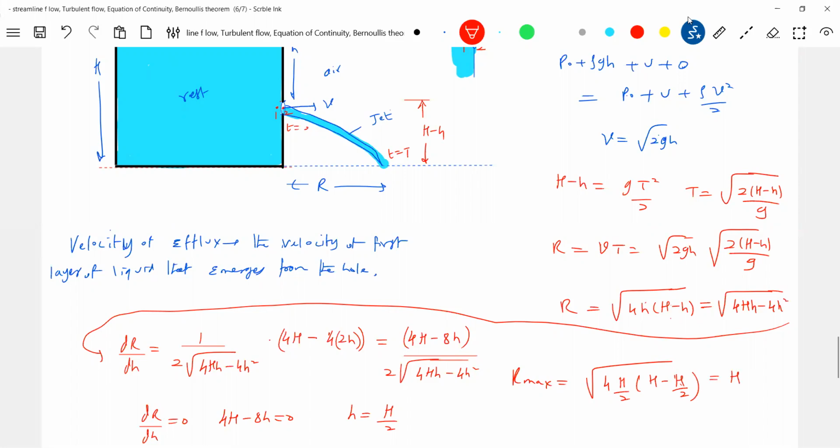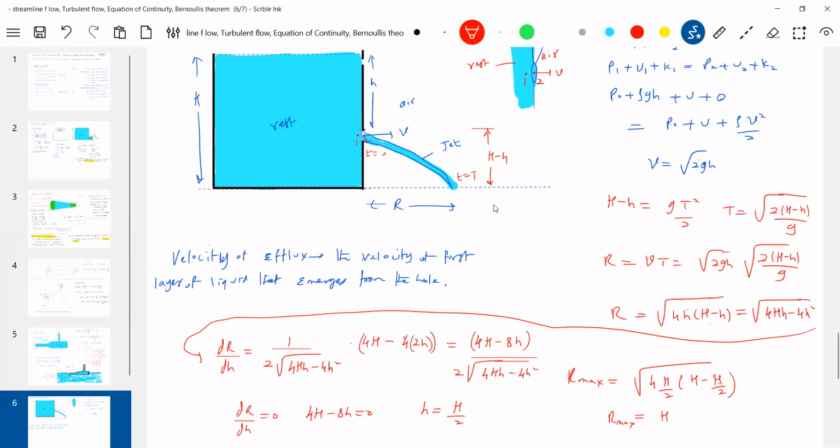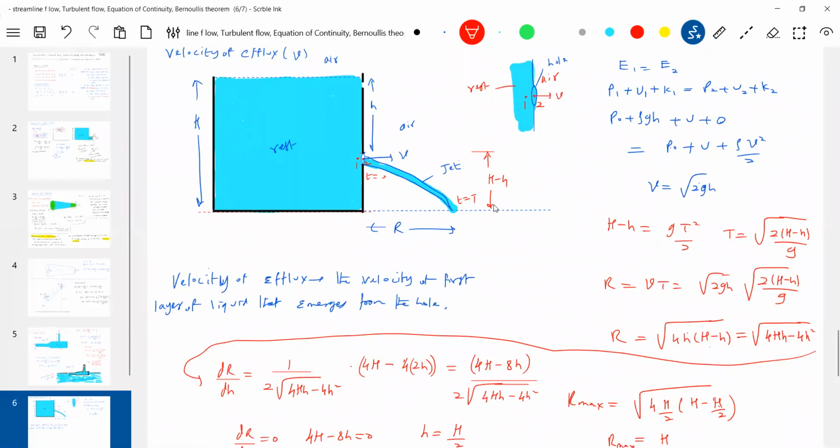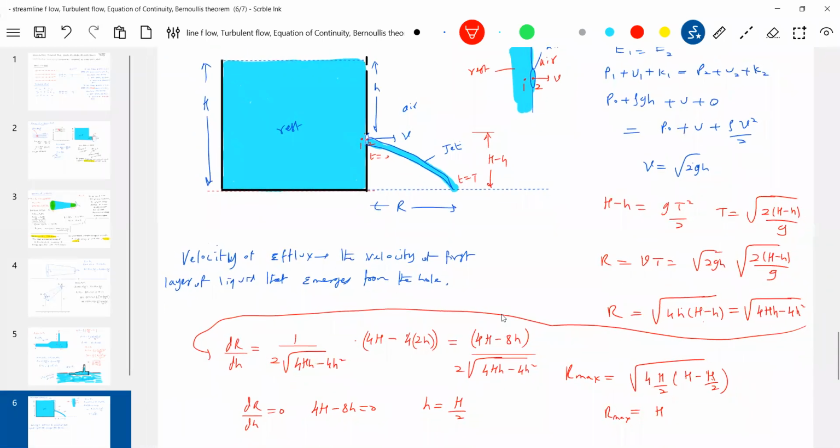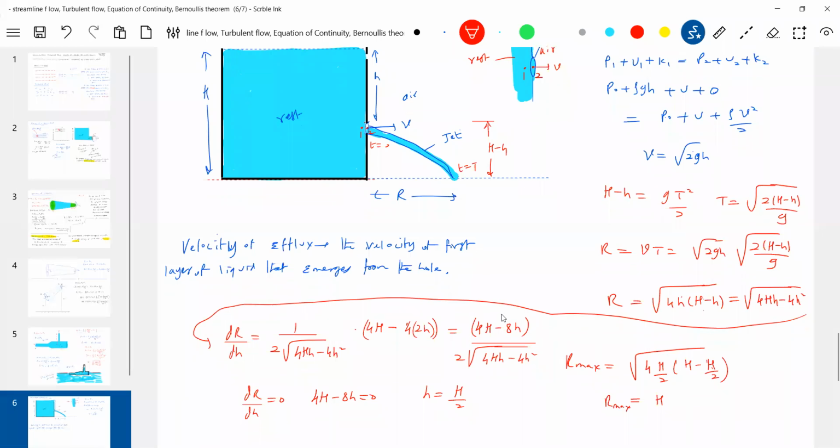It will become H. So what is the maximum possible range of the jet? It will be equal to the height of the liquid in the container, and the hole should be made at a depth H by 2. Then the range will be maximum. Are you able to get this? So that will be the maximum range of the jet here.